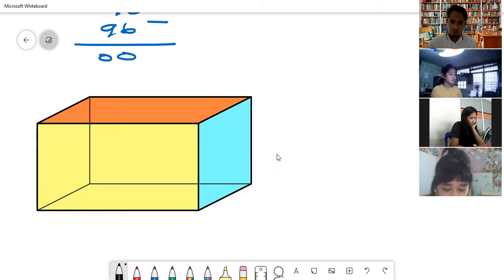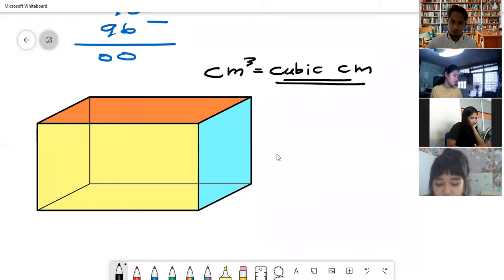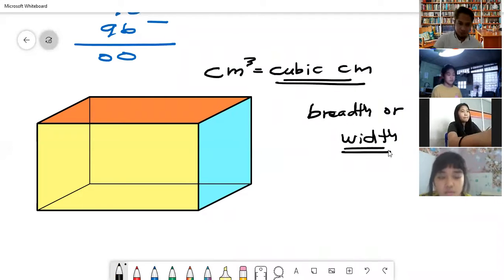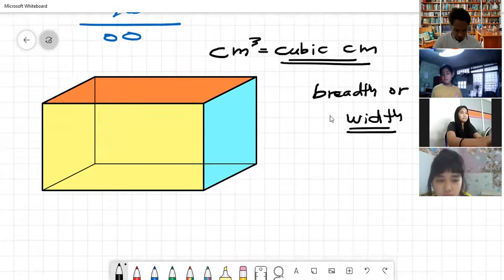Its length is 16 centimeters and its height is 5 centimeters. Find the breadth of the cuboid. Okay, the question here is the width or the breadth, no? Again, everyone, the breadth is what we call the width.